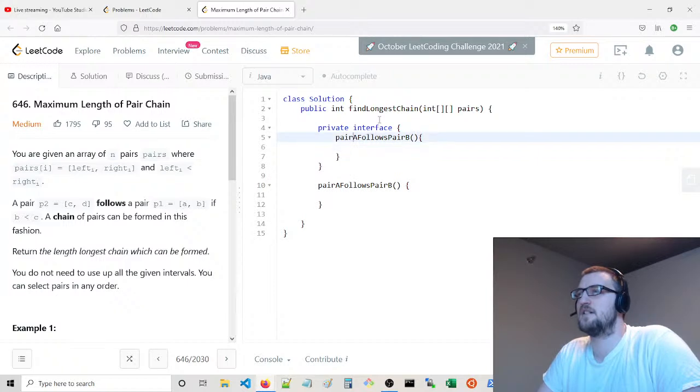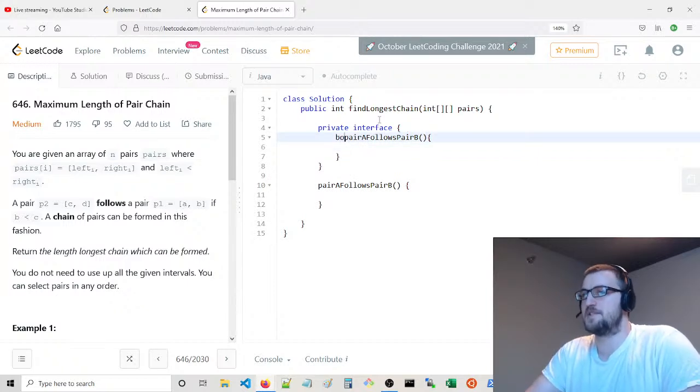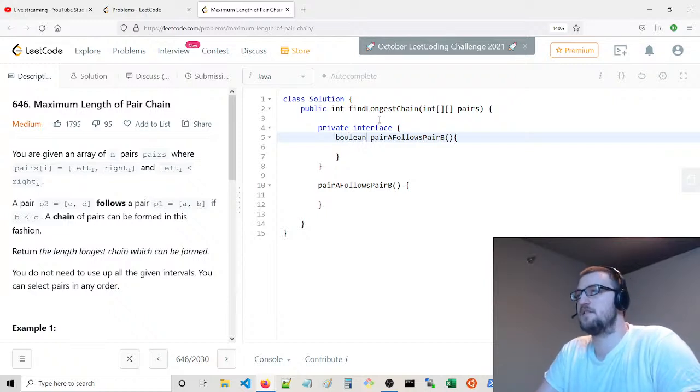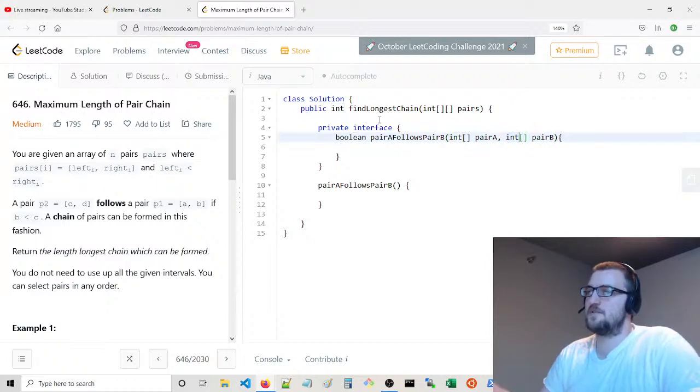and this is a Boolean, and it takes int pair A, int pair B, and these could be integers, I think. Well, that's fine.